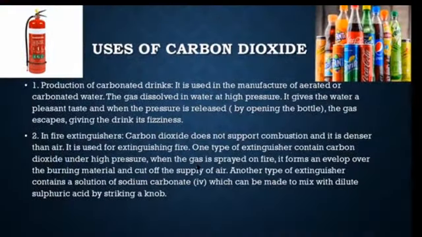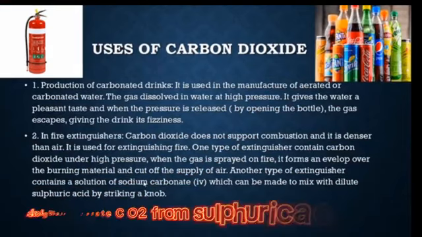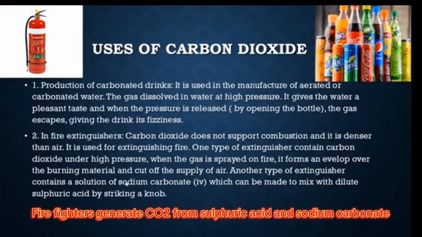Another form of fire extinguisher can be made from a solution of sodium carbonate with sulfuric acid. This one is commonly used when they go to places where we have large fire accidents, and you see them pressing the knob of their hose and directing that solution over the place where the fire is coming out.